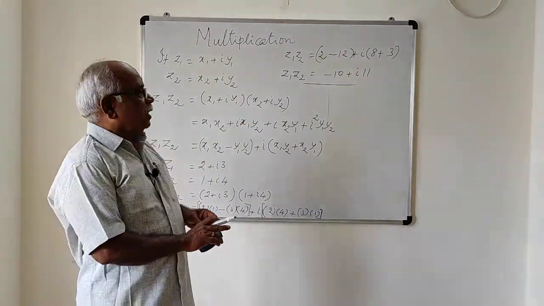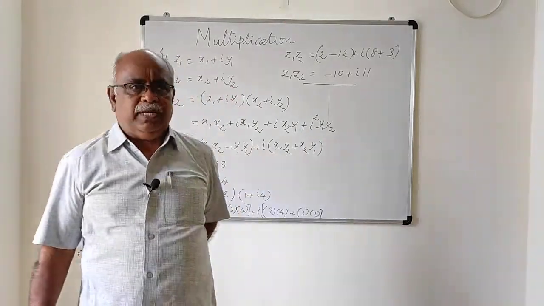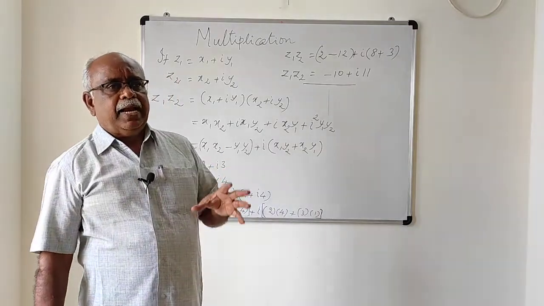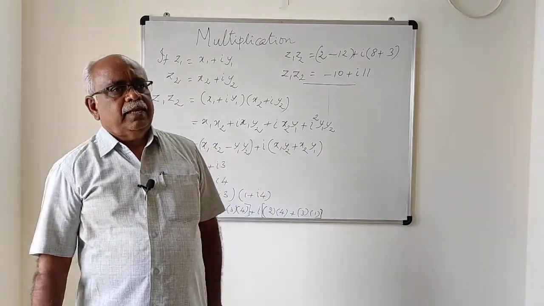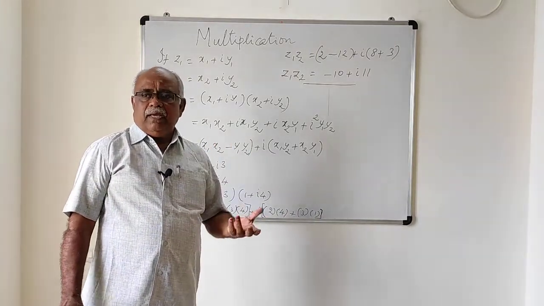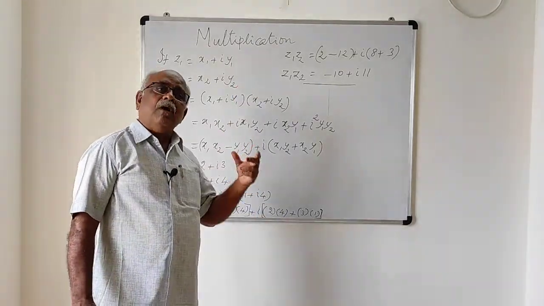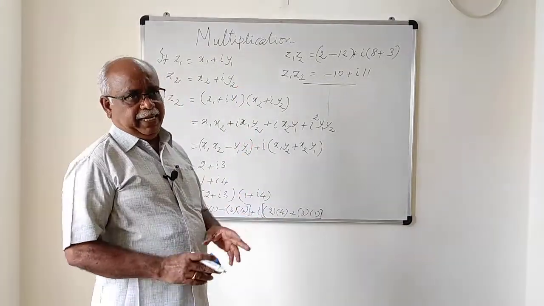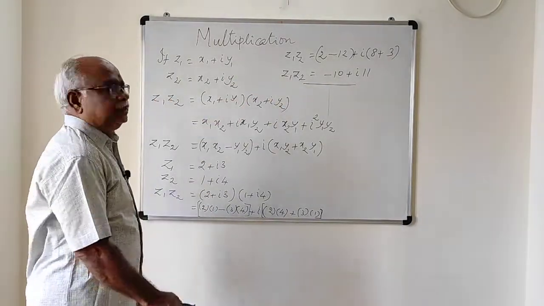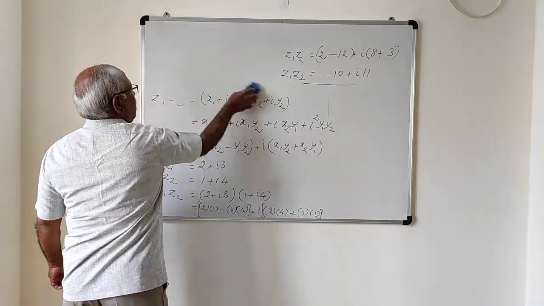Now, I am going to recall an idea which we have seen in the previous video. If a complex number Z is multiplied by the imaginary unit i, the geometrical meaning of that multiplication is the rotation of the complex number Z about the origin through an angle of 90 degrees or pi by 2 radians.